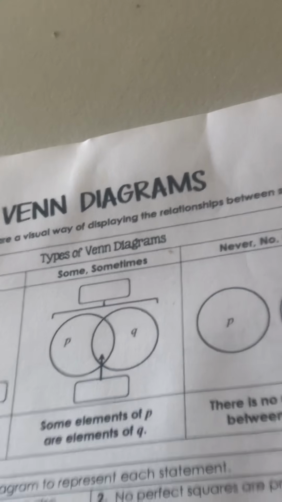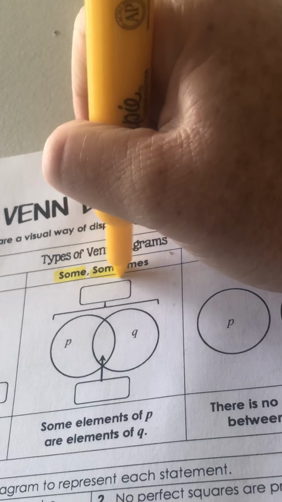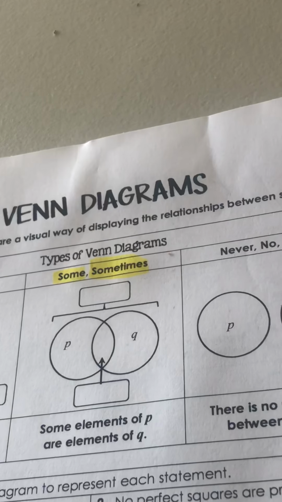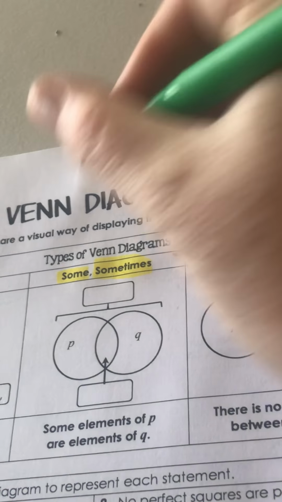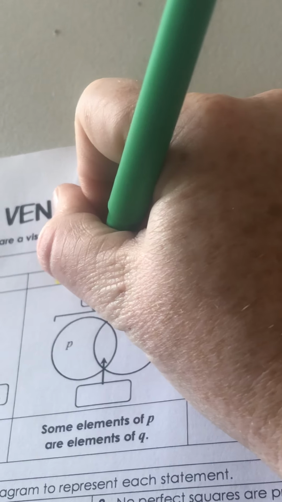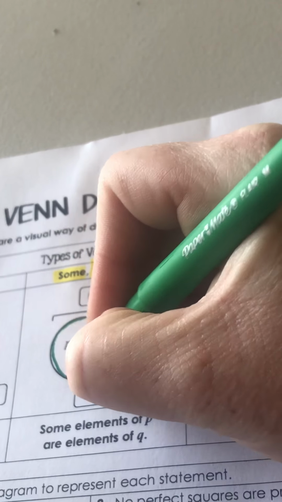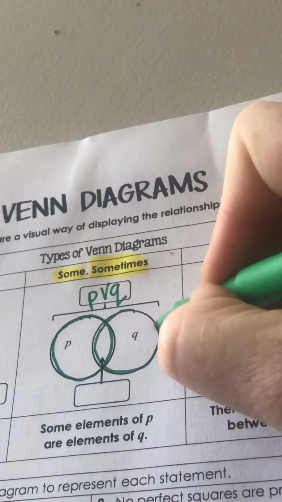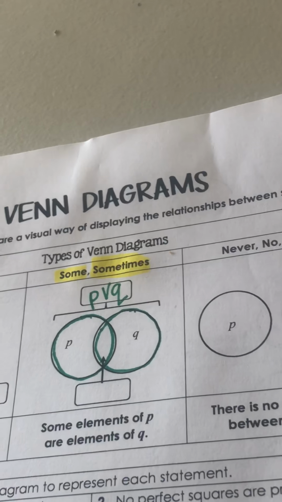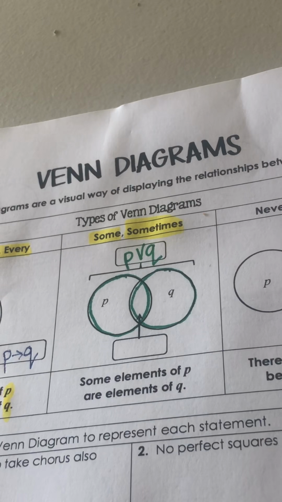When we have some or sometimes, some elements of P and some elements of Q will be in common, okay? We have the whole P or Q here, because we have P or we have Q. And then the inside is going to be what's in common.